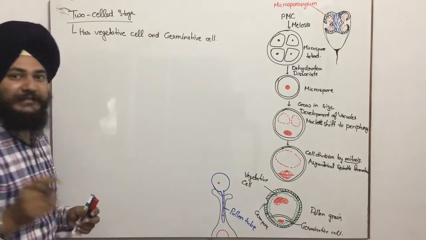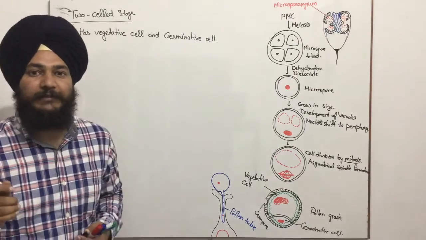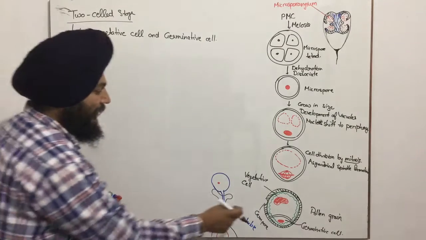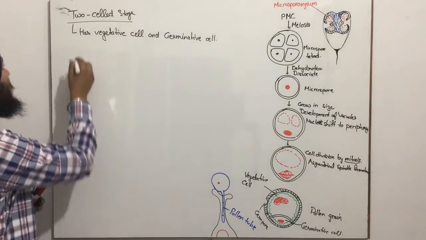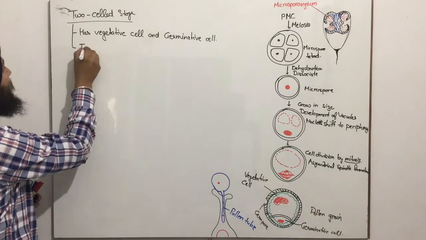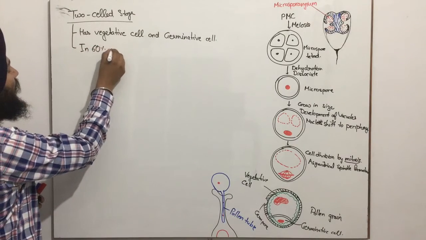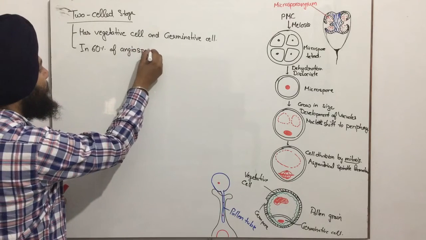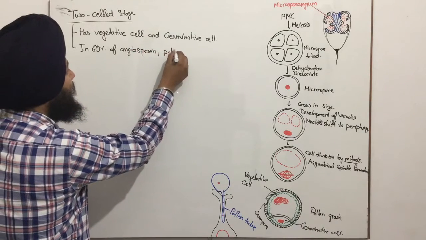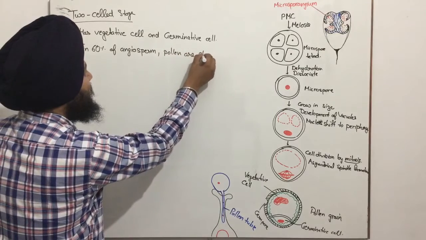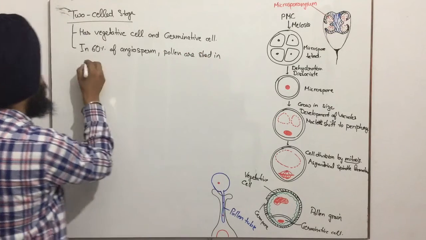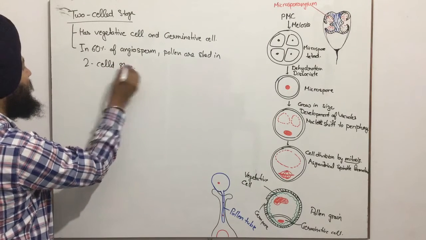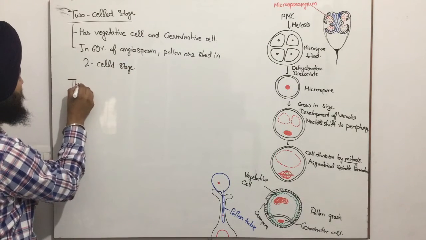Okay, and in 60% of the flowering plants, that is the angiosperms, the pollen grains are shed in the two cell stage. So in 60% of angiosperms, that is the flowering plants, pollen are shed in the two celled stage.